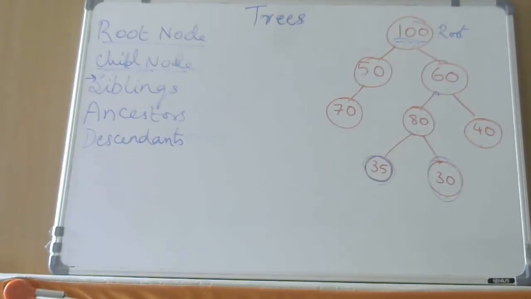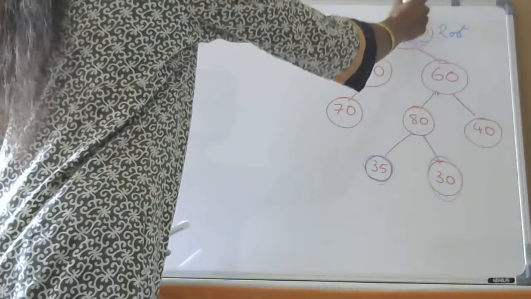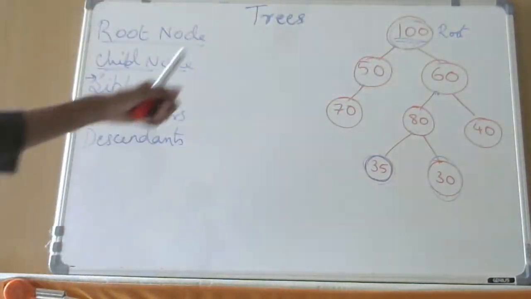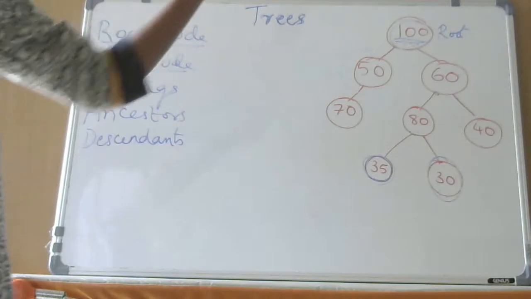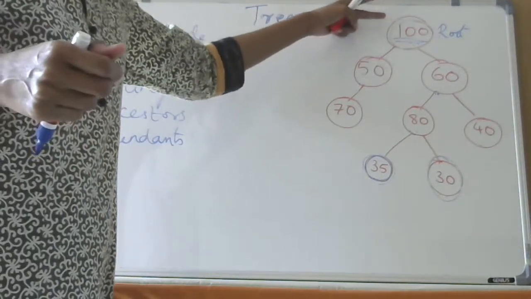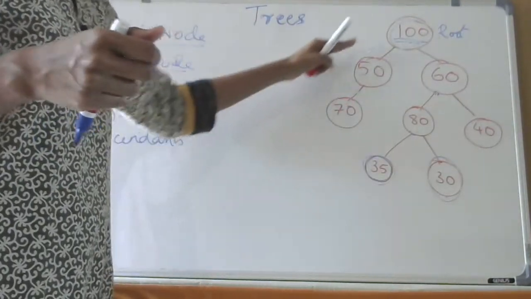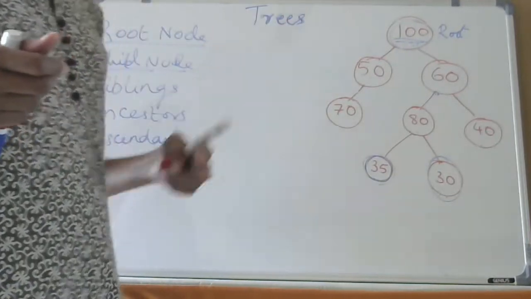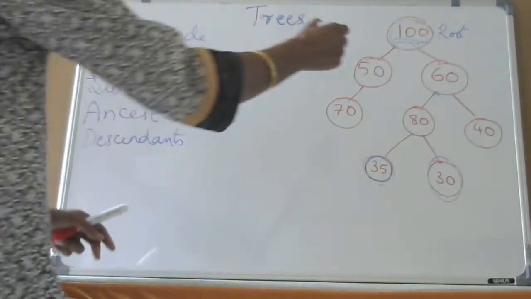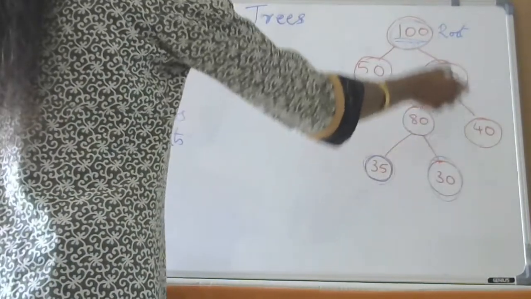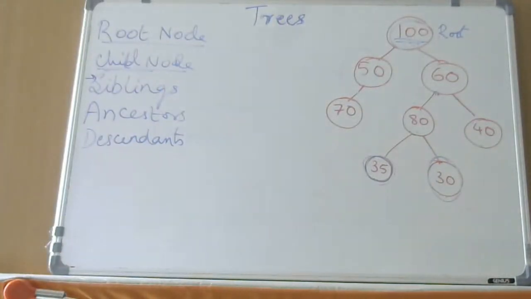In other words, the nodes that are reachable from a node X by moving downwards are called descendants of X. Who are the descendants of 100? All these nodes are descendants of 100. Suppose he is a great grandfather, then everybody under him are descendants. So 50, 60, 70, 80, 40, 35, 30 all are descendants of 100.